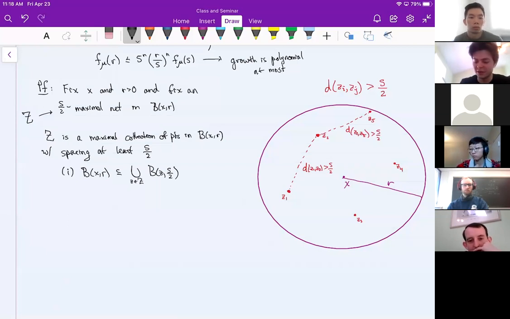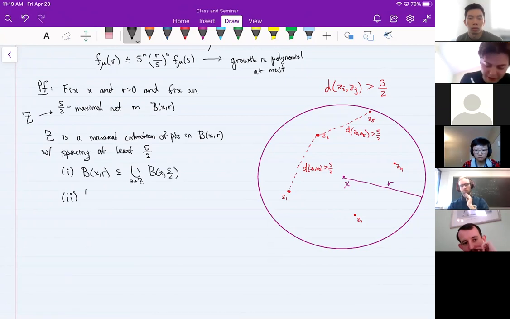That means there would exist some point which is far away from all of the z's, at least s/2 away from the z's. And then I could add that point into my net and still have a net and make a bigger one. But I chose this net to be maximal. So that's a contradiction. That's point 1.